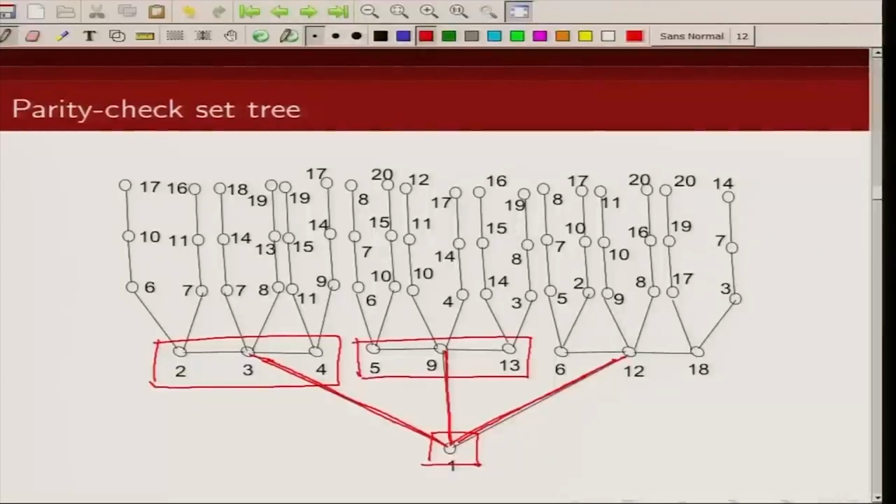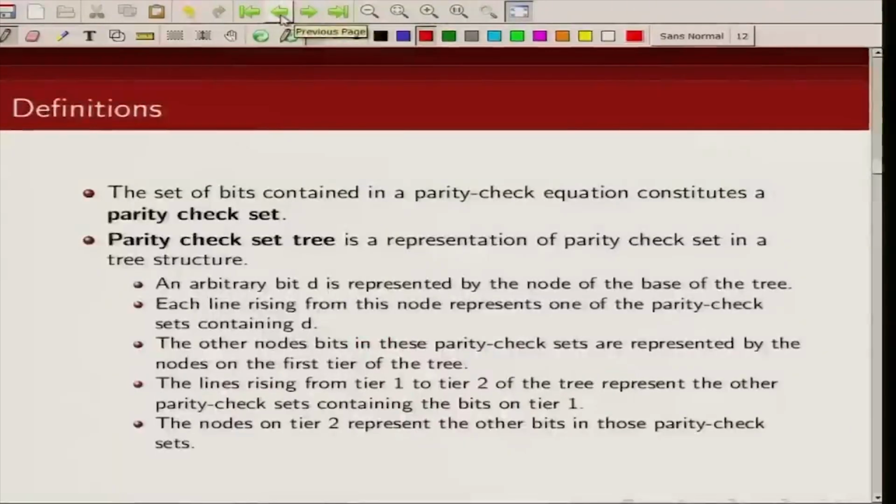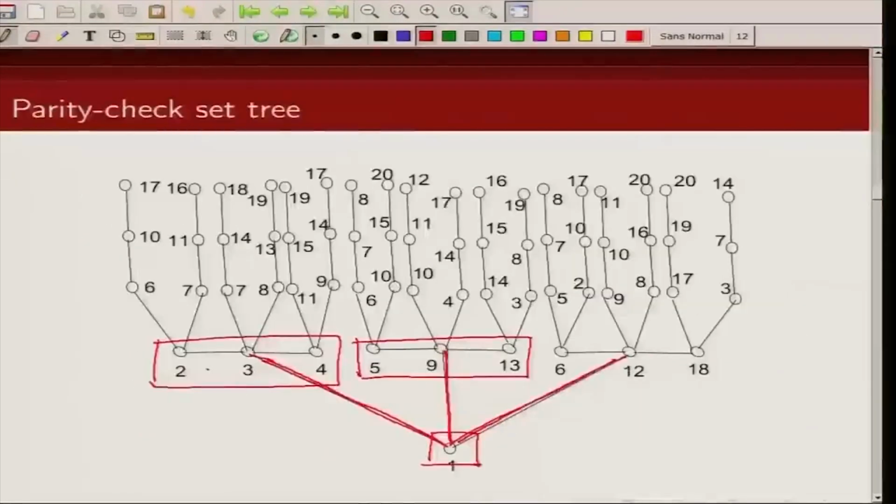So, that is what I meant when I said other nodes are represented as nodes in the first tier. Now, lines arising from tier 1 to tier 2 represent the other parity check constraints containing bits in tier 1. So, this is my tier 0, this is tier 1.